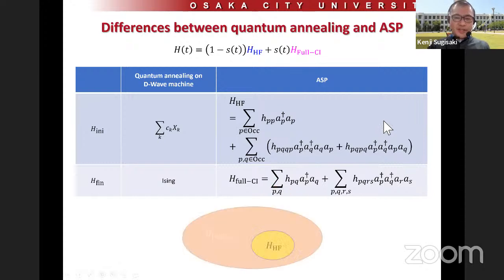So in this case, this Fock operator is inside of the full Hamiltonian. So it means in the adiabatic state preparation, we gradually include the operators outside of the Fock operator into the time-dependent Hamiltonian.